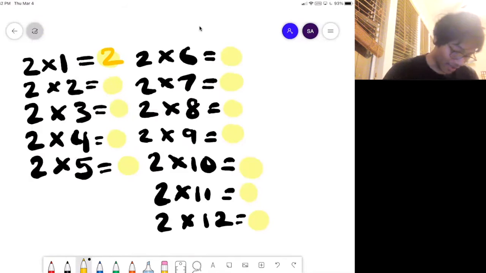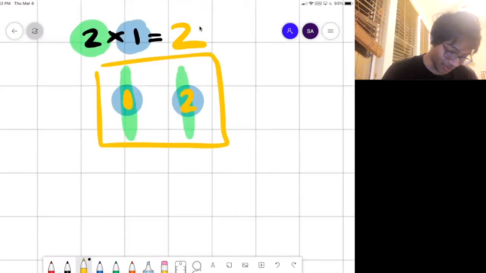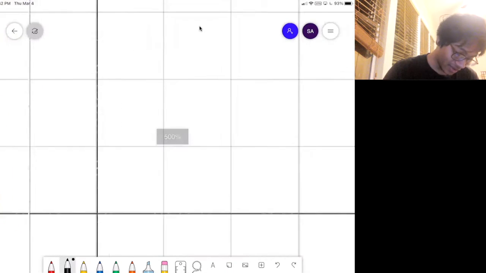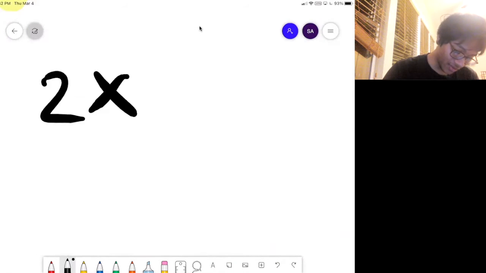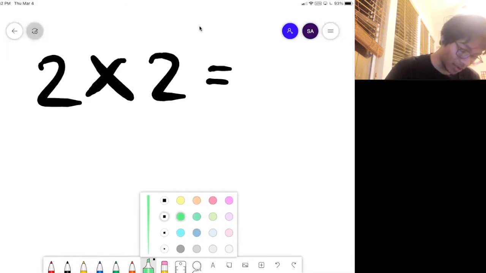Next one is 2 times 2. Let's do 2 times 2 now. Hopefully that's not going to be as hard, right? What does that mean though? That means I've got 2 columns.